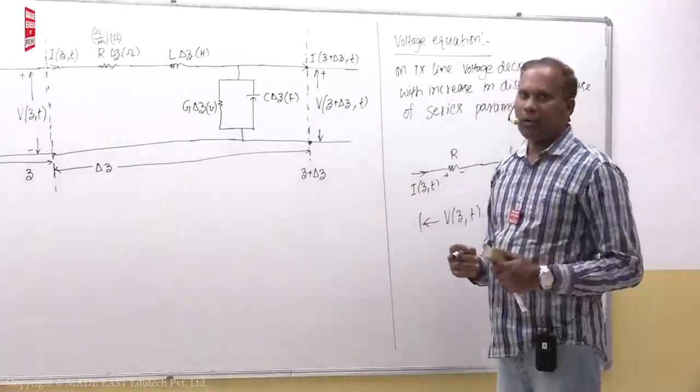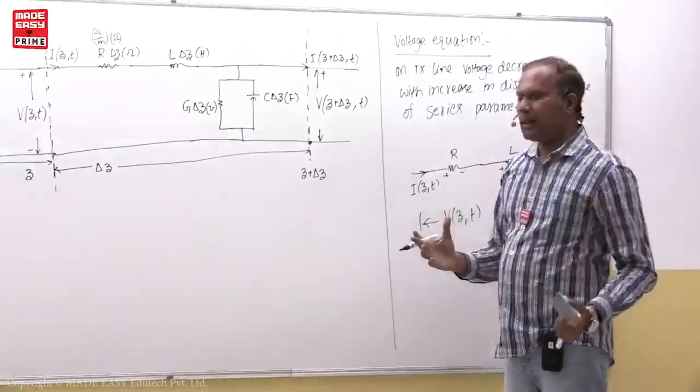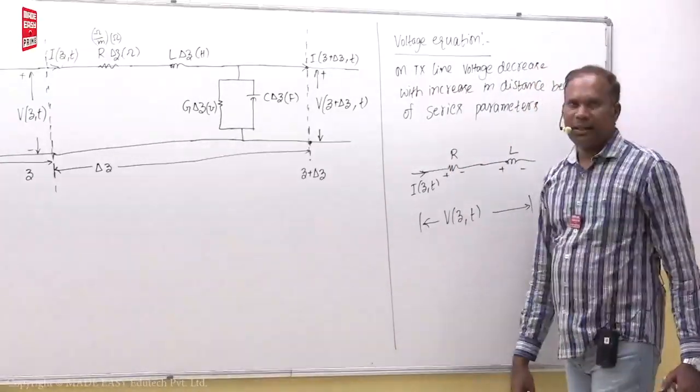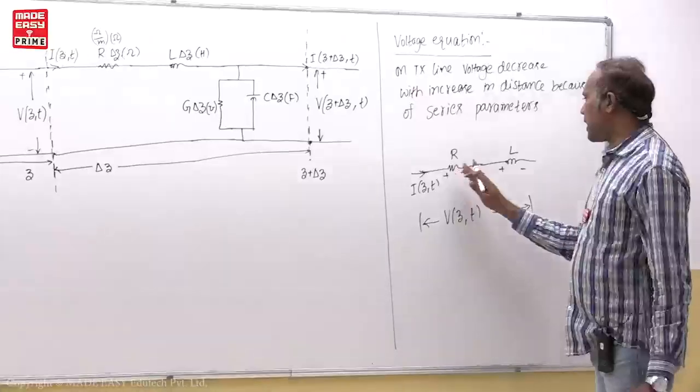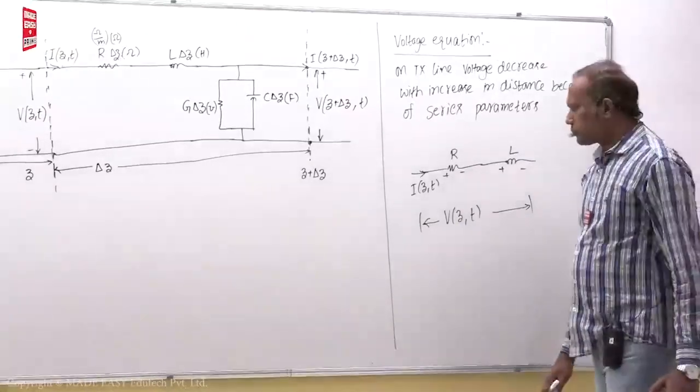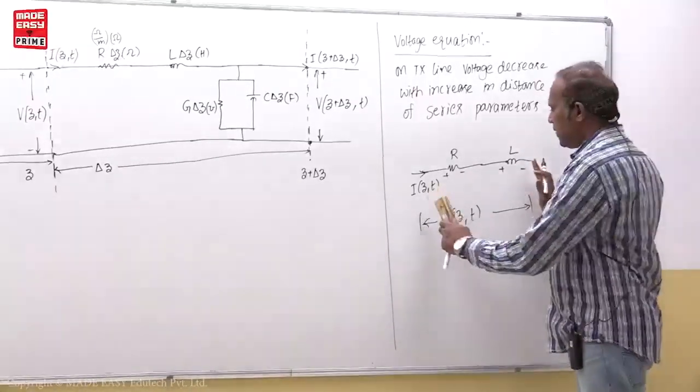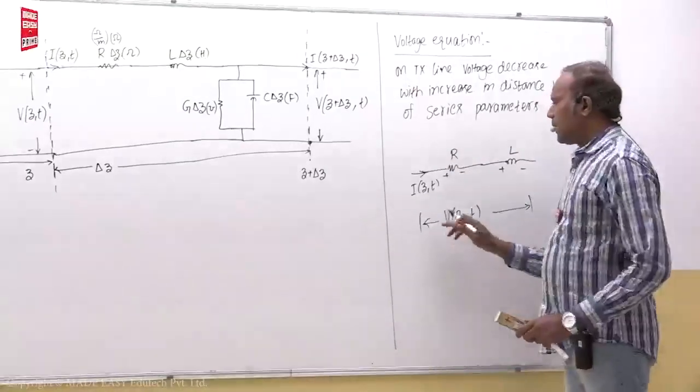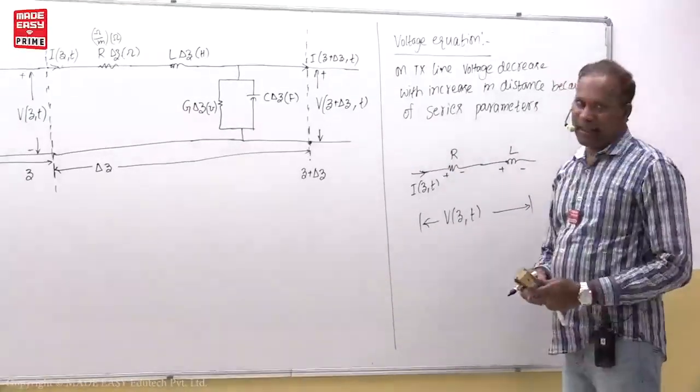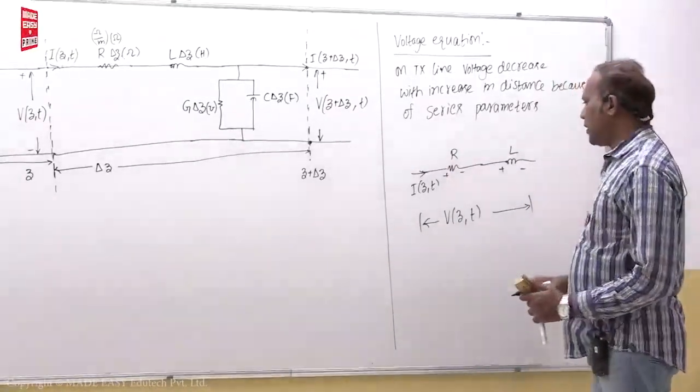But without doing all those things, using our common sense, we are writing the voltage equation by taking series elements. R and L are series elements. Let us say the total voltage is V of z comma t, and the current through them is I of z comma t. Now let us write the voltage equation.